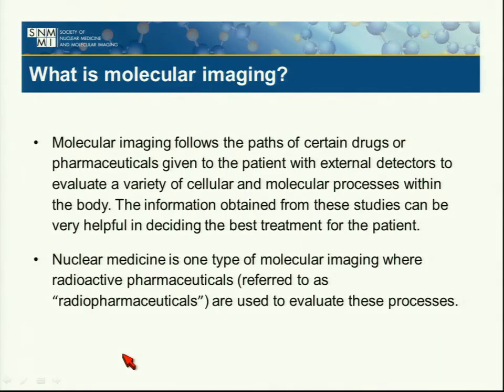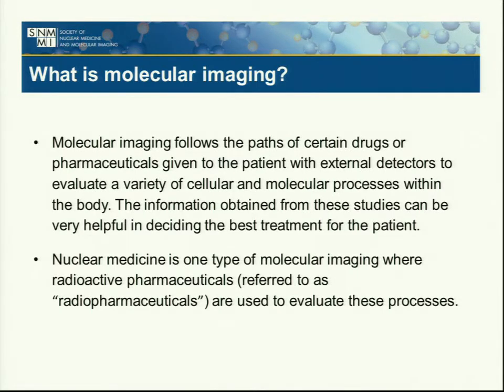Perhaps you may be a little bit confused because sometimes you'll see nuclear medicine, you'll see molecular imaging, and are they the same or are they different? When we talk about molecular imaging, we're talking about using some kind of agent that follows a certain physiologic or functional pathway within the patient.